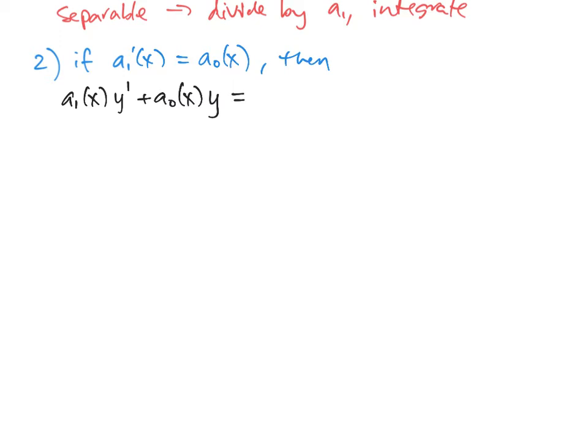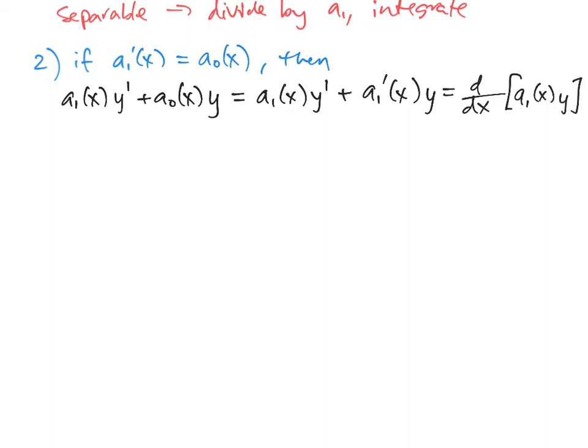This was the left-hand side of the equation that we were given in the first place. And we can rewrite this as a1 of x, y prime, and we can replace the a naught by a1 prime of x times y. And then we can rewrite this as d dx, the derivative of the product a1 of x times y. And why is that? That's because of the product rule.